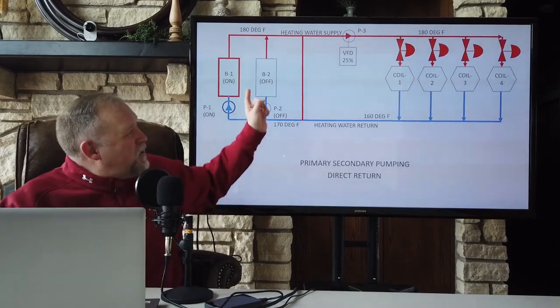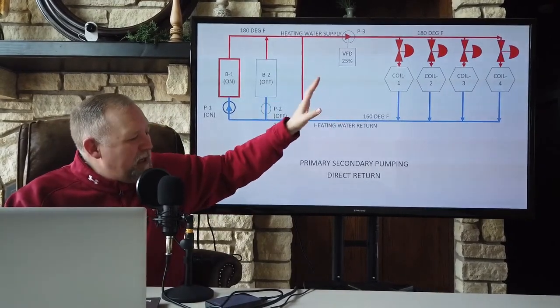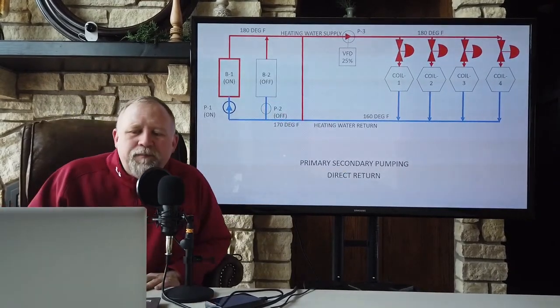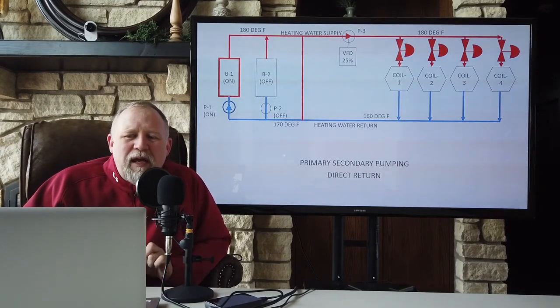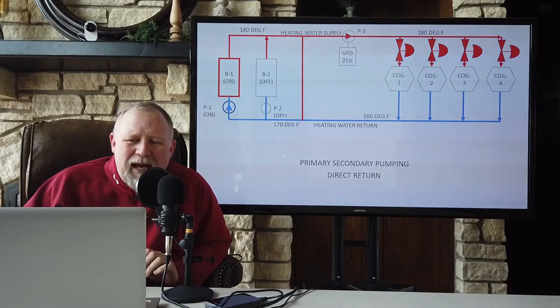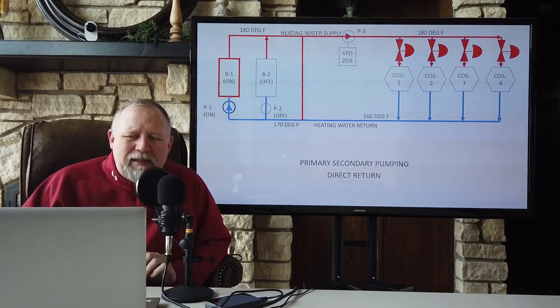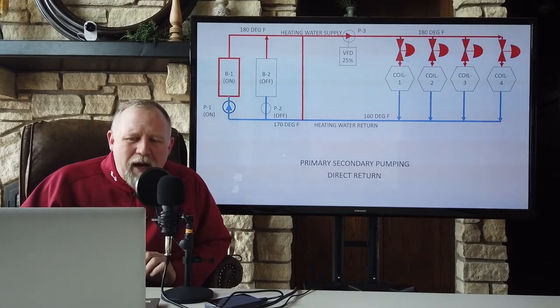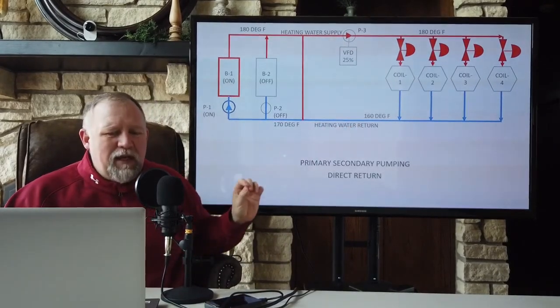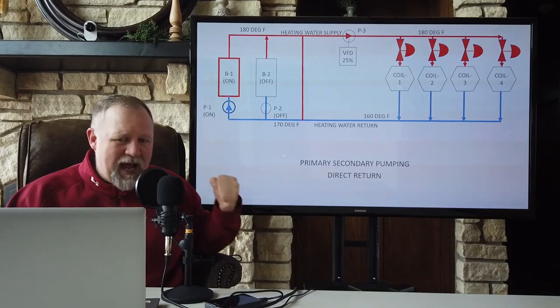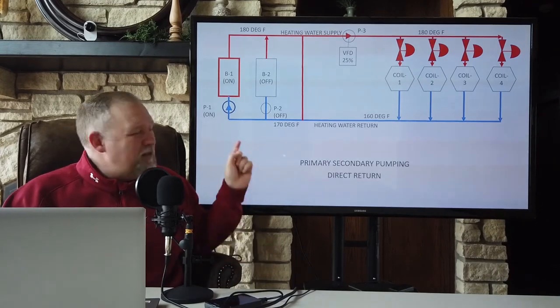All right, as soon as it gets out to the coils, if it's going through a coil, that means that it's needed. In other words, it's transferring energy from that heating water supply into the space, so that water, after it comes through the coil and comes back, has been used. We have taken energy out of it, so it has gotten cooler.